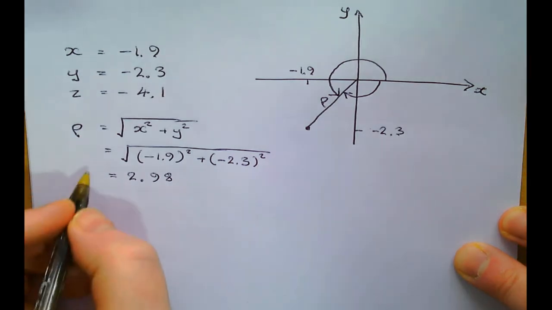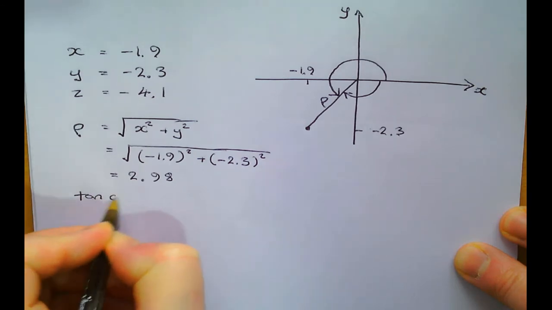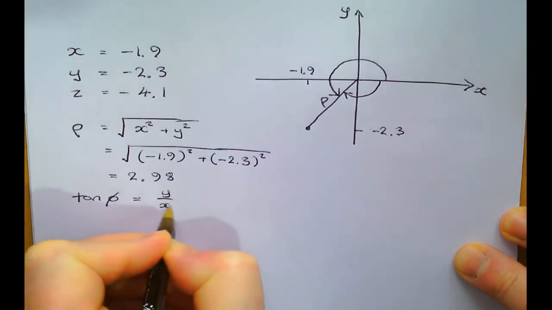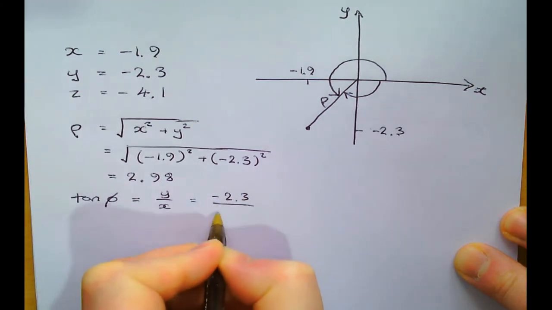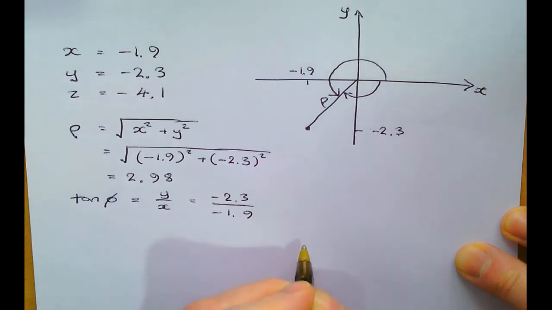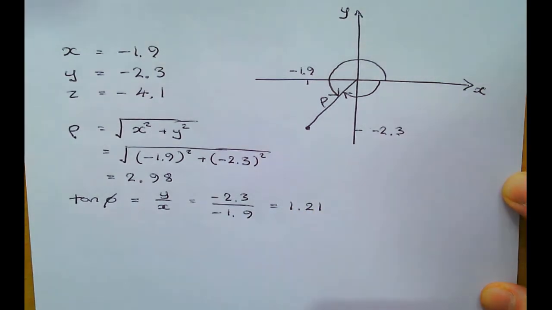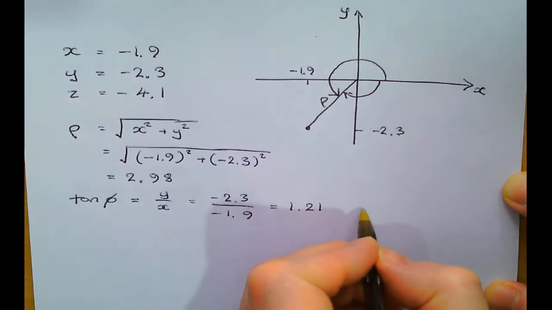And then phi, what can we tell? We can tell that tan phi is equal to y over x. That's minus 2.3 divided by minus 1.9, which gives us 1.21, and then of course, it's in the third quadrant.